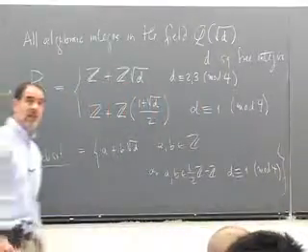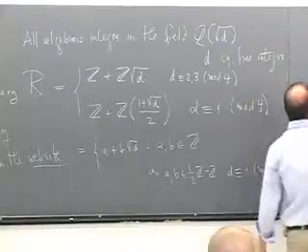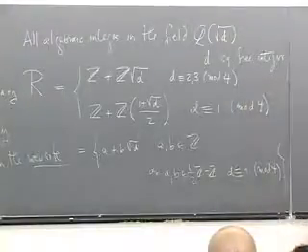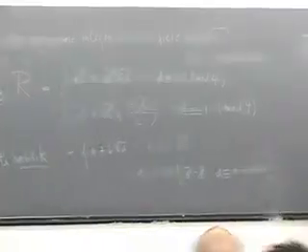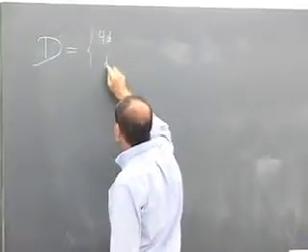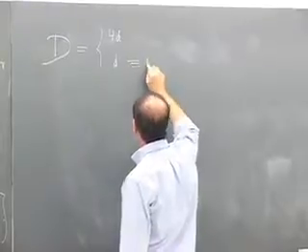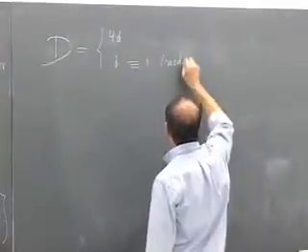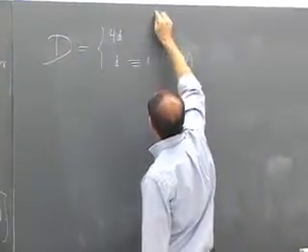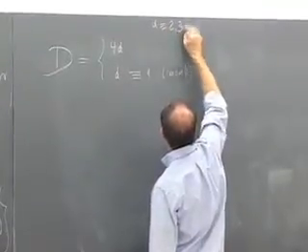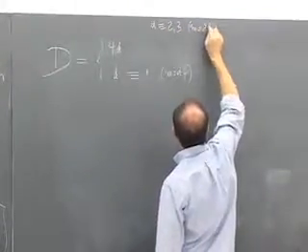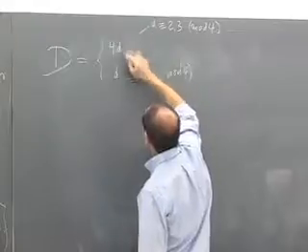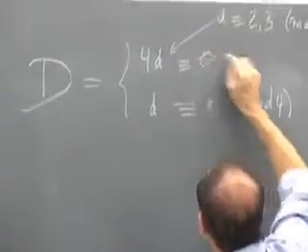Now, the uniform way of writing this is to introduce a new number, which is a better number for describing this ring of integers, capital D, which is either 4d or d. This is the case when d is congruent to 1 mod 4. And this is the case when d is congruent to 2 or 3 mod 4, in which case, this number becomes congruent to 0 mod 4.